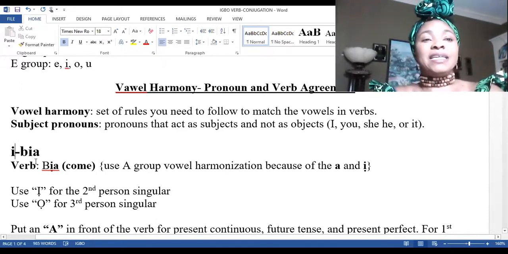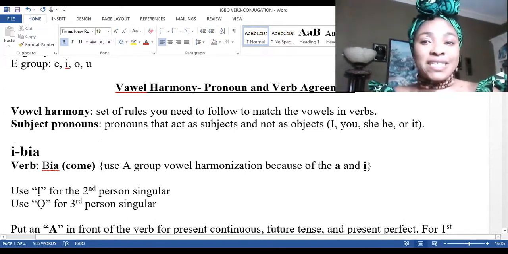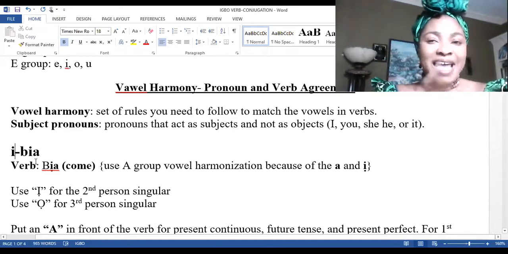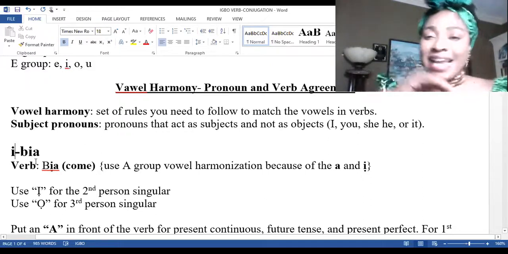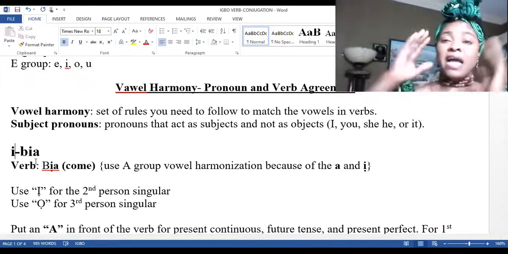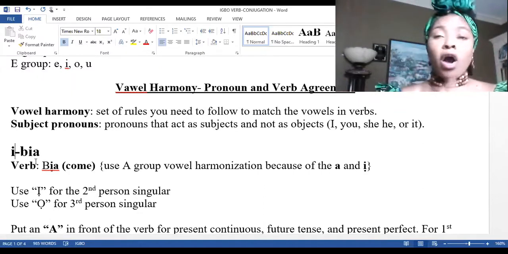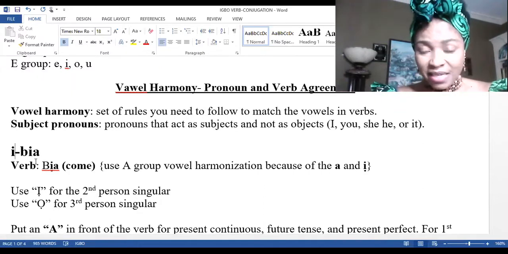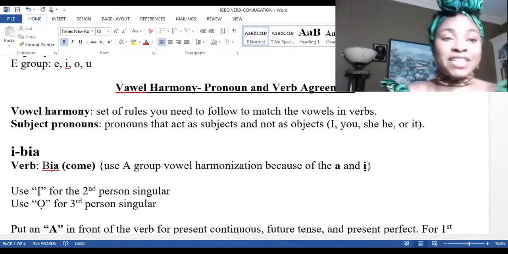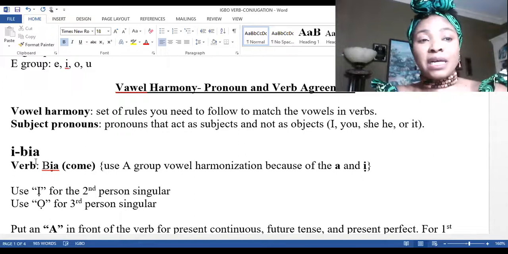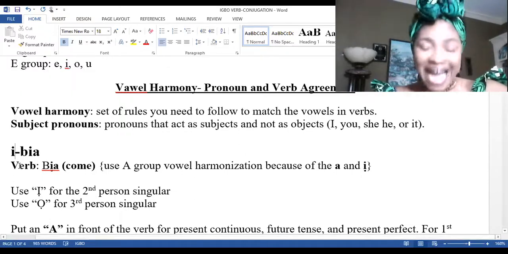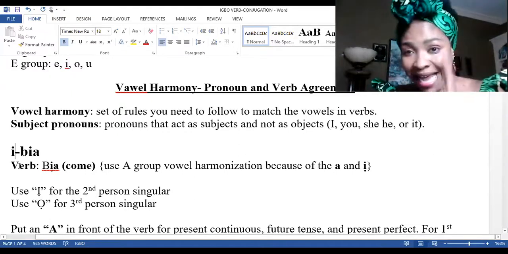Because bia, this word ends with A, and A is in the A group, and in that A group, all the vowels there are punctuated. All of them are punctuated. But if it's in the E group, if this word had ended in E, then you're not going to put a dot underneath the I. It has to have only one I.